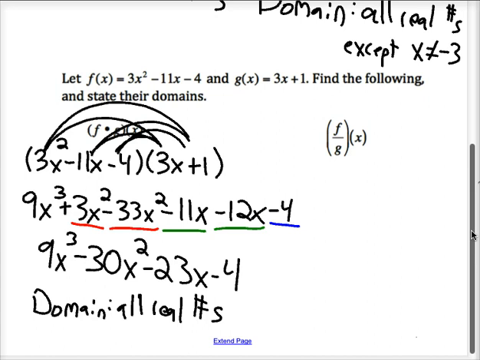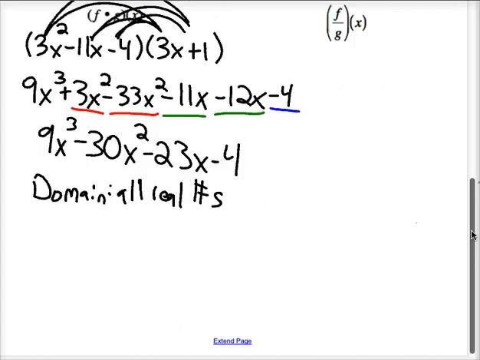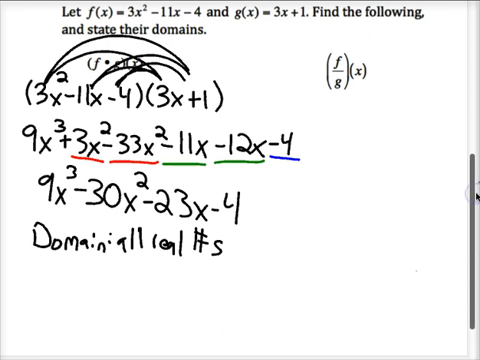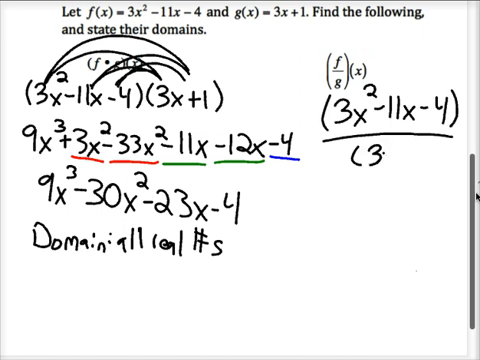All right. Now, the one where it's going to get a little bit more interesting. So f of x divided by g of x. So that 3x squared minus 11x minus 4 divided by g of x, 3x plus 1.